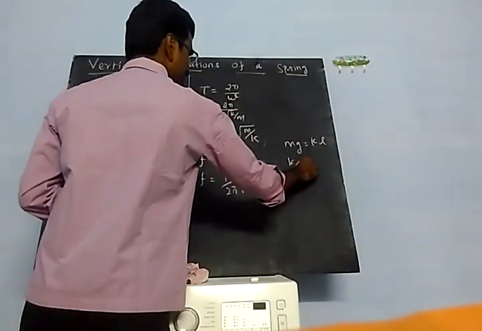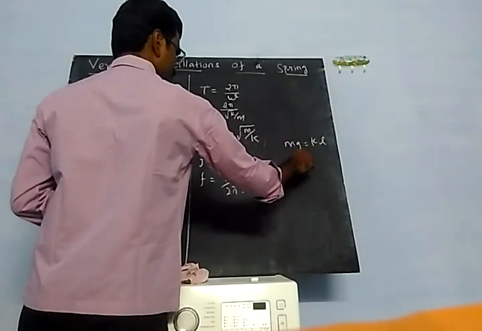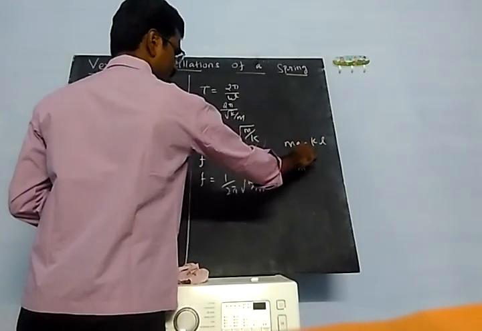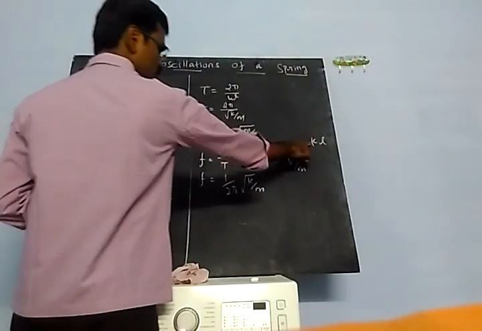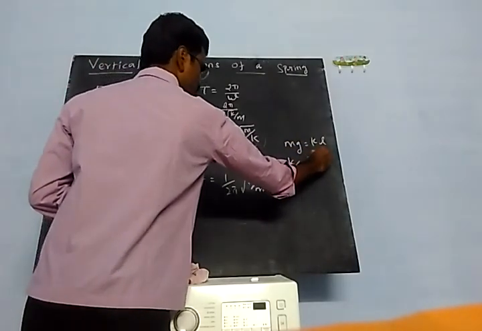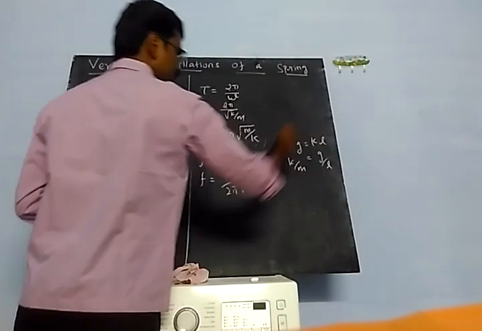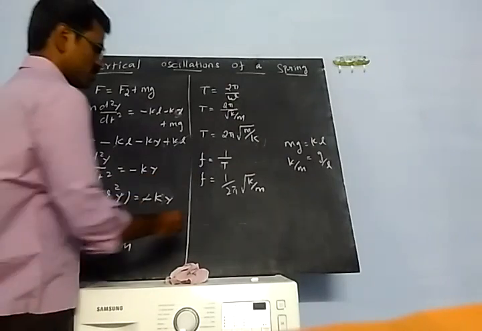Then K by M is equal to g by L. Substitute that.